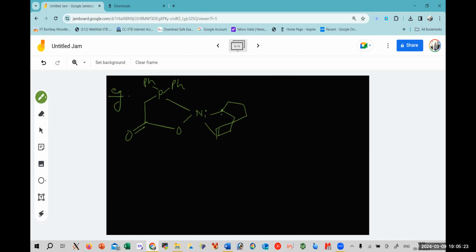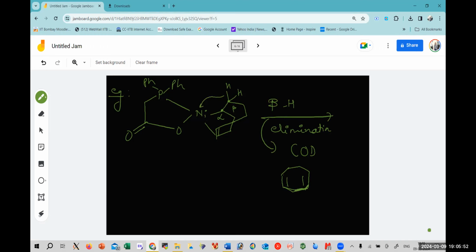If you see carefully, this is your alpha, this is your beta, and beta is having two hydrogens. So the first step is beta hydrogen elimination and the release of COD, which is nothing but this. Once it is done, the hydride is going to be tagged onto your system. This whole ring we are symbolizing as this particular ring, not to make it again and again.